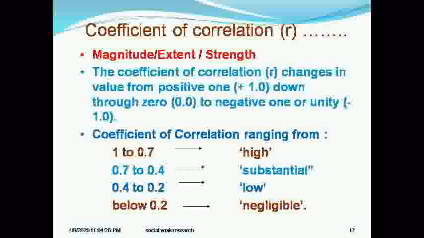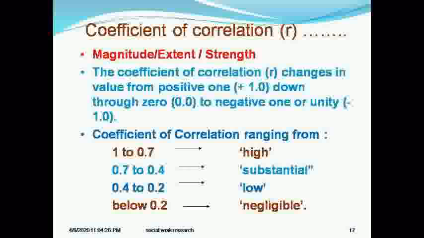We have 4 levels of correlation. If the value is between 1 to 0.7, we can say there is high correlation. If the value is between 0.7 to 0.4, there is substantial correlation. The values between 0.4 to 0.2, there is low correlation, and the values below 0.2, it is negligible correlation.